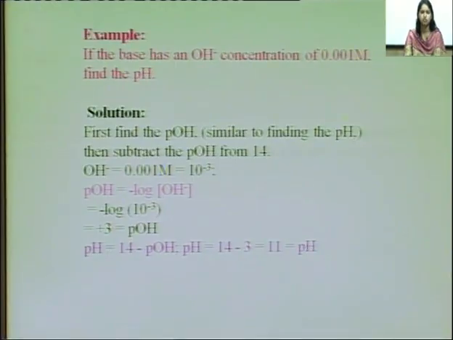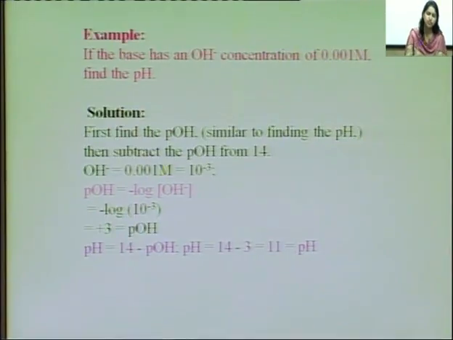Then I have also derived this relationship, that if pH is equal to minus log of hydronium ion concentration, then pOH will be equal to minus log of hydroxyl ion concentration. So, applying this formula, pOH is equal to negative log of OH negative ion concentration, putting the value, that is 10 raised to minus 3, then finding out the negative log of 10 raised to power minus 3.